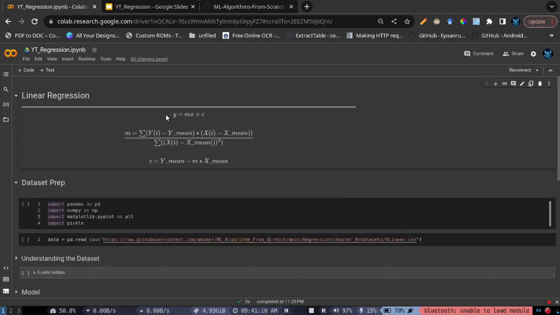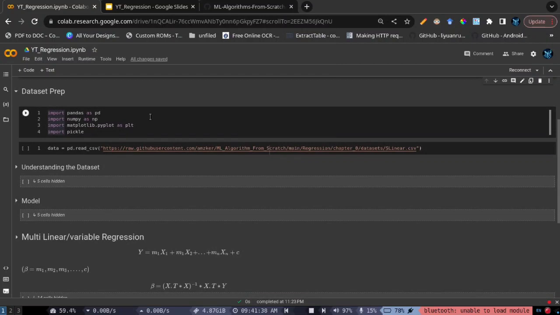I have written the equations here, and what I want you to do is implement this algorithm by yourself first. And if you are not able to do that, only then come back here and see how I implemented it. Of course, you can implement it however you want, as long as you are applying the proper formula, your implementation is going to be right.